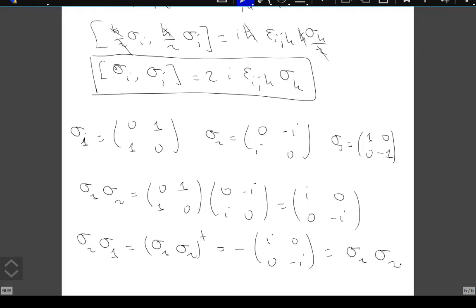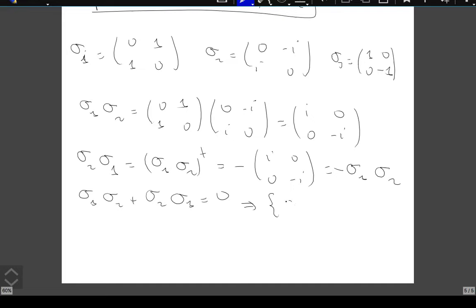So if you just change their order, they change sign. Sigma 1, sigma 2 is minus sigma 2, sigma 1. Or sigma 1, sigma 2 plus sigma 2, sigma 1 is equal to 0.